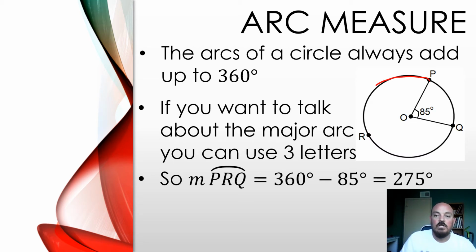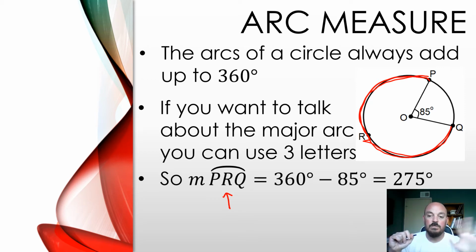Let's say I wanted to talk about this arc right here, which I'm highlighting in red. Notice here I used three letters. If I say arc PQ, that means get from P to Q as fast as possible, the shortest way possible. So arc PQ was the one we did on the last slide. If I say arc PRQ, you have to go through those letters in order.